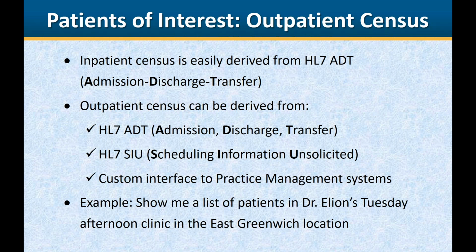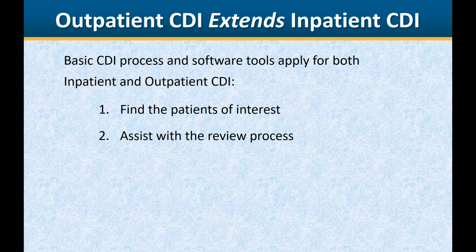If you want to get a printout of all the patients who are going to see Dr. Ellian in Tuesday afternoon clinic in the East Greenwich location, that's pretty easy to get. You could also get a list for all of the providers who are there at that time slot in that location. So the paper printouts are actually fairly easy, but electronically, that remains very difficult. So that's about as much as I want to say on finding the patients. It remains one of the difficult stumbling blocks for implementing an outpatient program.